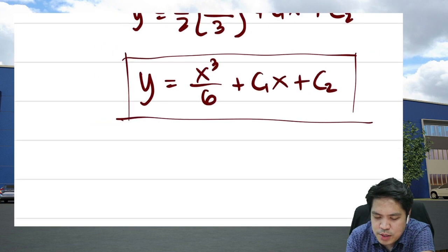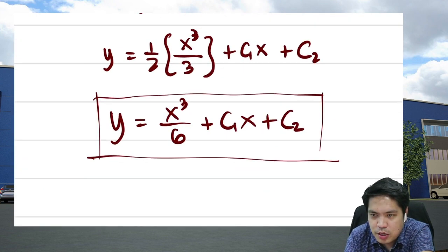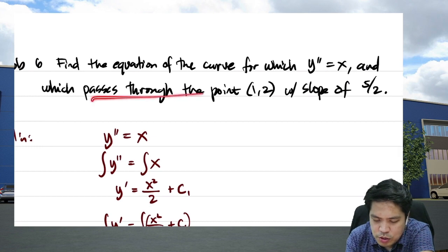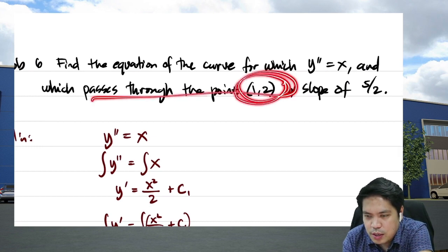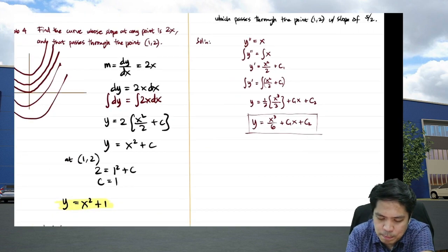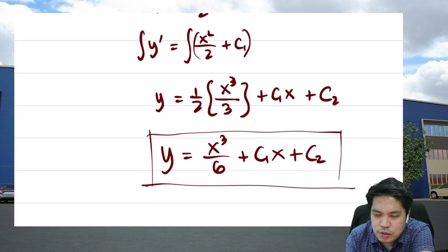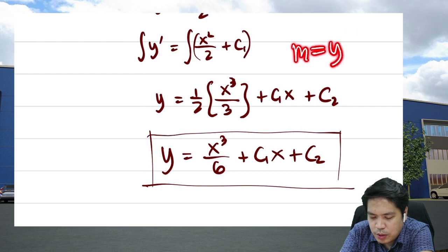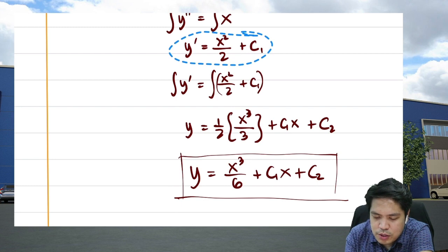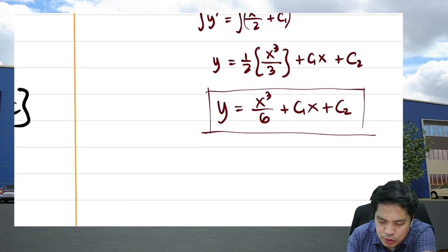Okay? Now, ang hinahanap natin is the particular curve that behaves this way. It should pass through the point 1, 2, and it should have the slope of 5 halves. Now, we know that slope is y prime. And we have this equation for y prime. So therefore, that is now our slope.